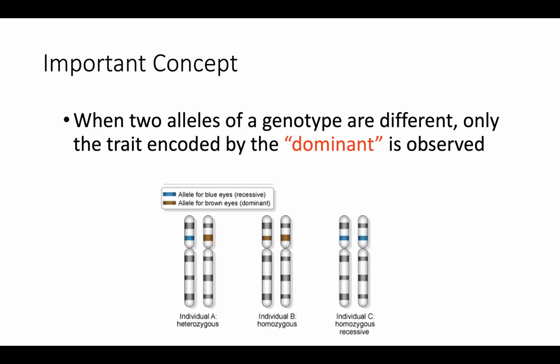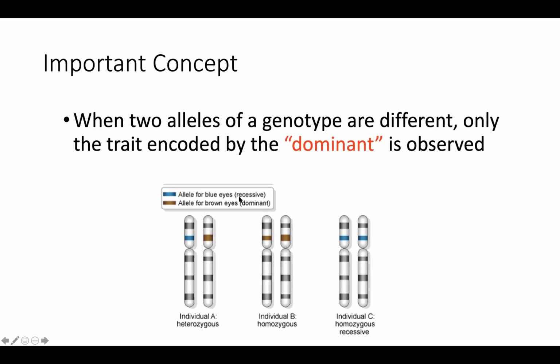Individual B, what is the probable eye color for individual B? Anyone? Brown. It is going to be brown because we have a homozygous pair of alleles here where this person has no other option but to have brown eyes. Now, in this case, individual C is going to have blue eyes.